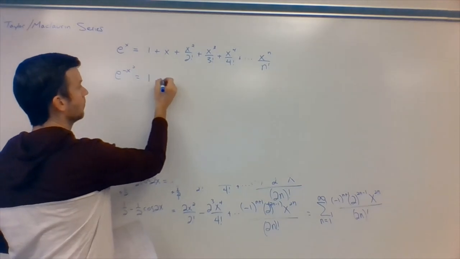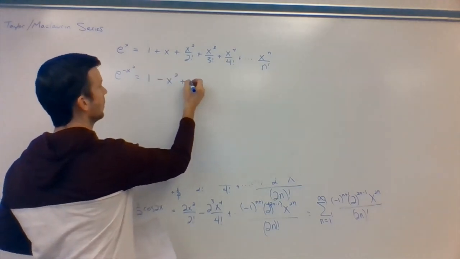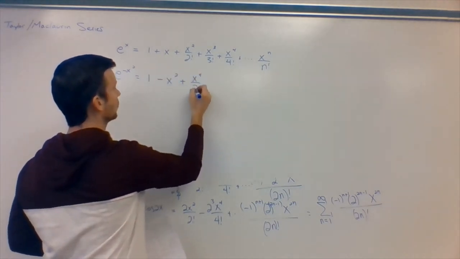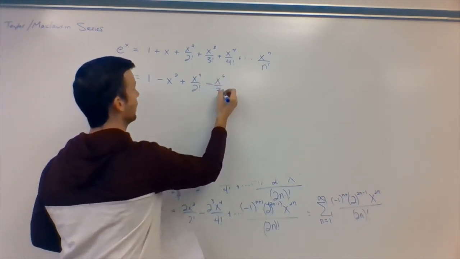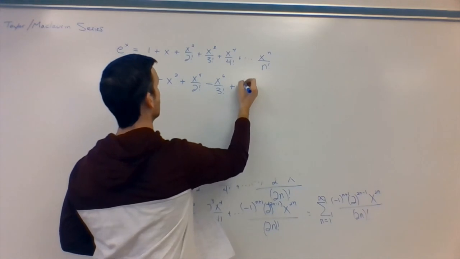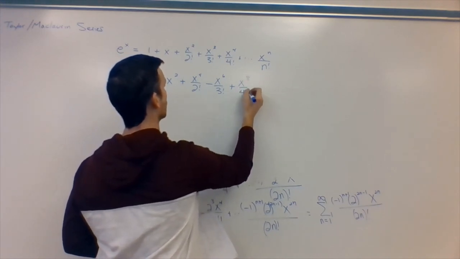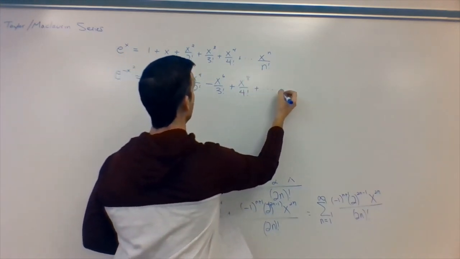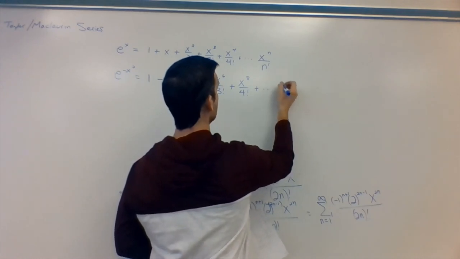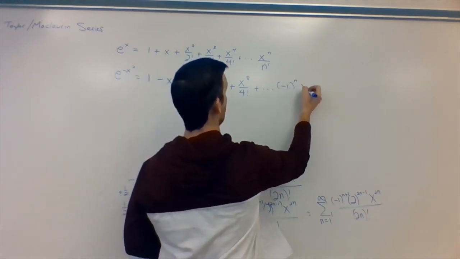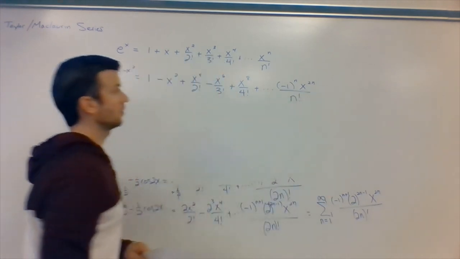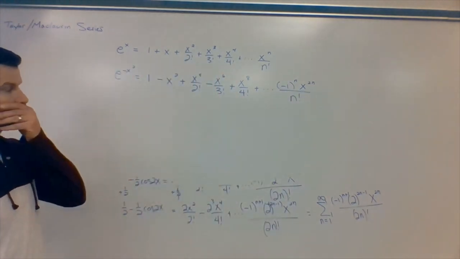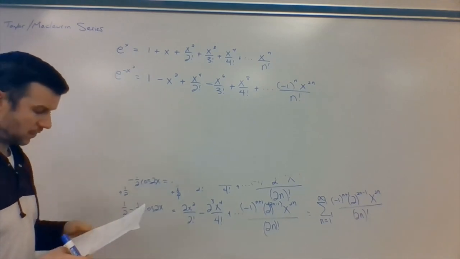That's going to be 1 minus x squared plus x to the fourth over 2 factorial minus x to the sixth over 3 factorial plus x to the eighth over 4 factorial. So that pattern would be negative 1 to the n, x to the 2n over n factorial. Okay? So that's the function I'm dealing with.